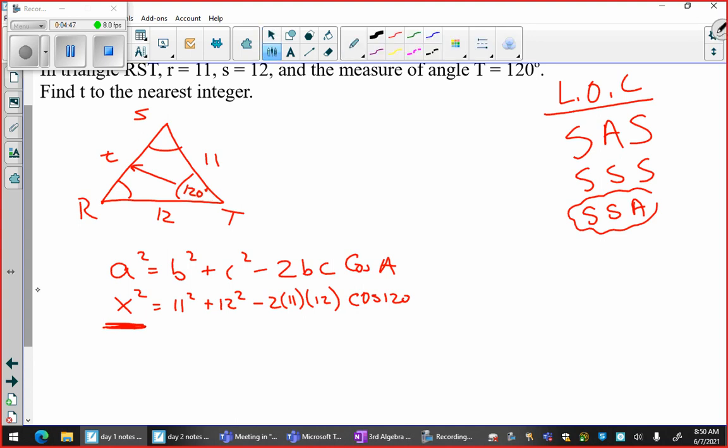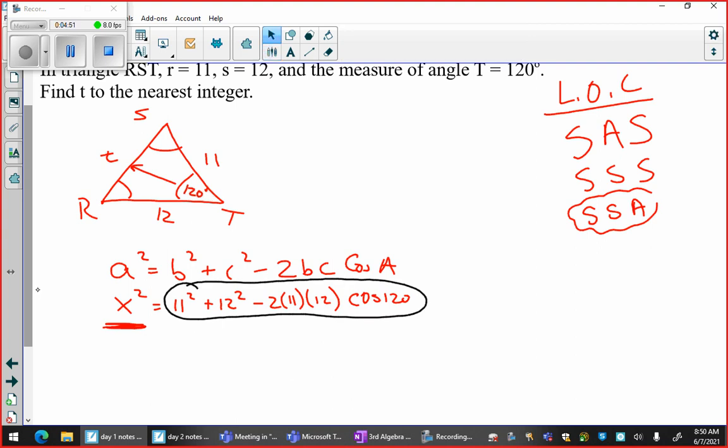When the variable is on one side of the equal sign, I plug the whole other side into my calculator and hit enter. Please make sure your calculator is in degrees, or else you're going to get the wrong answer. This one was in radians, so I had to switch it.